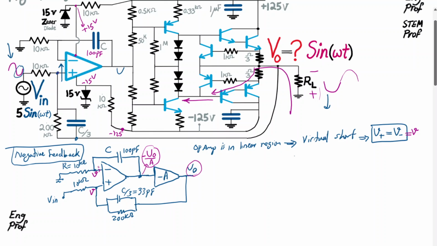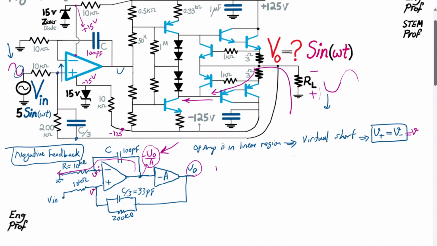There is no current flowing into or out of the input terminal, so whatever current goes this way should flow completely through the R and C, and basically the C here and this R are effectively in series. So I can do a voltage division between negative V out over A at the output of the op-amp and also the V at the negative input terminal.